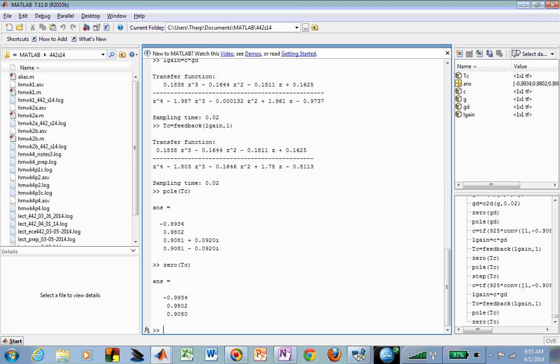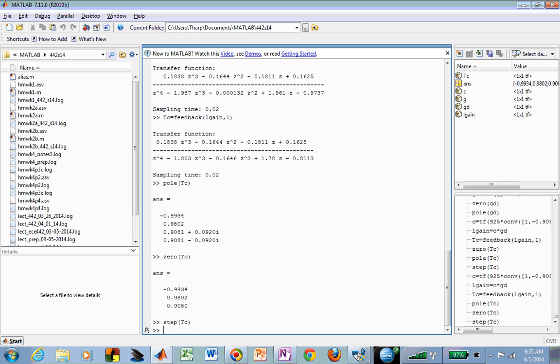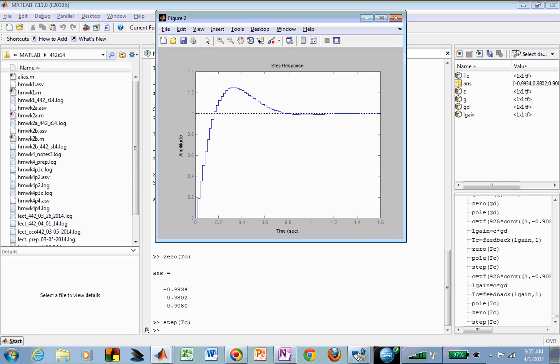And now we're in a position, I hope, to find a better looking step response to our system. And there is a more acceptable looking step response.